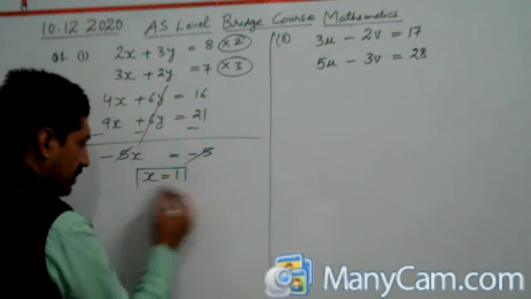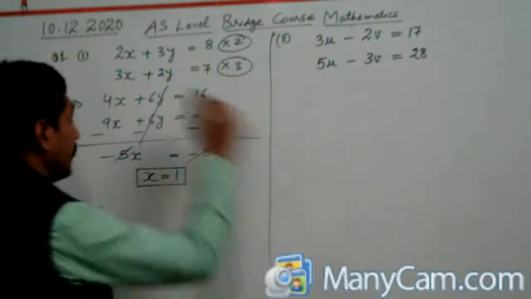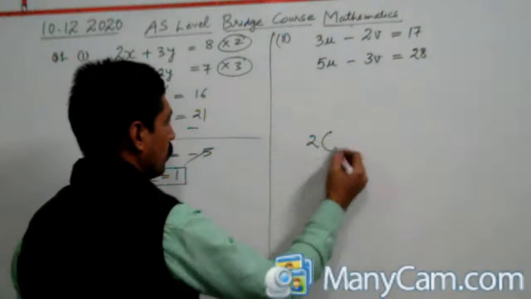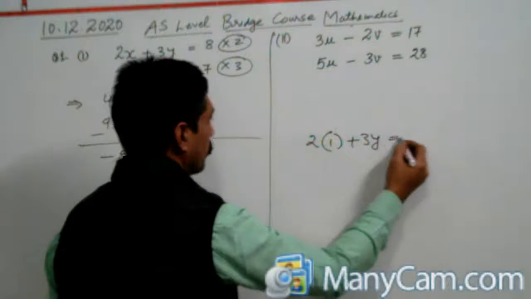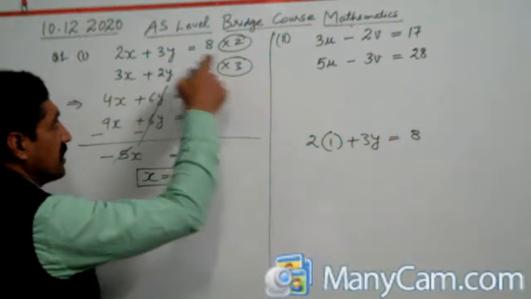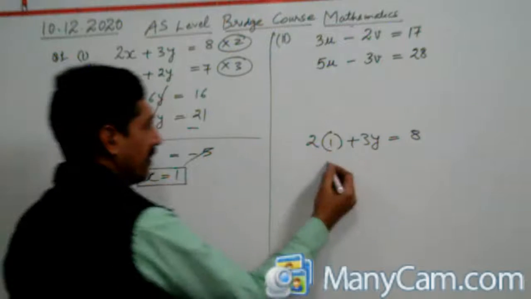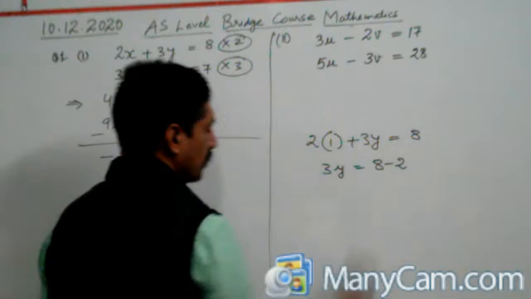And if x is 1, put this value of x in any equation. Like here we have 2 into 1 plus 3y is equal to 8. So what is 3y? 3y is equal to 8 minus 2, right?